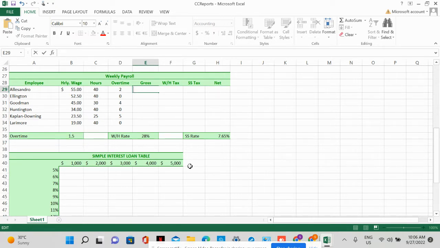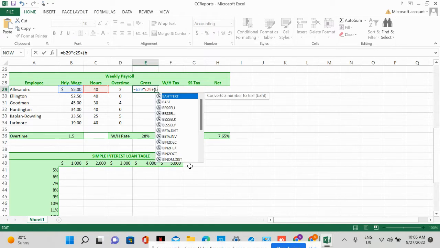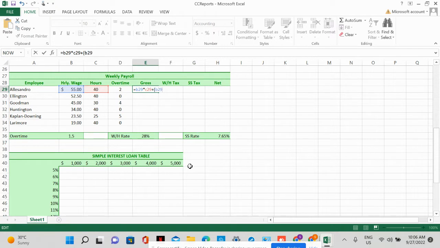So let's insert the formula: E29 is equal to B29 multiply C29, add bracket B29 times, so the absolute cell reference, which is overtime.